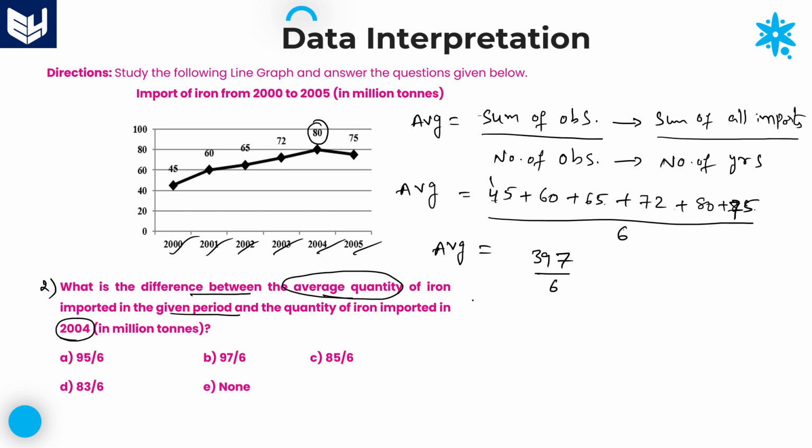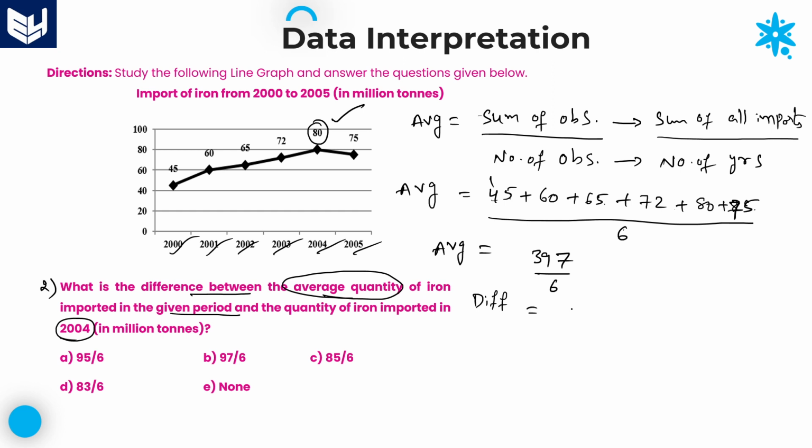Now we need to calculate the difference. Difference between which two values? The 2004 iron imported, which is 80, and the average value. Average is this one, 397 divided by 6. Here it is around 60s. So definitely this 2004 value is maximum.